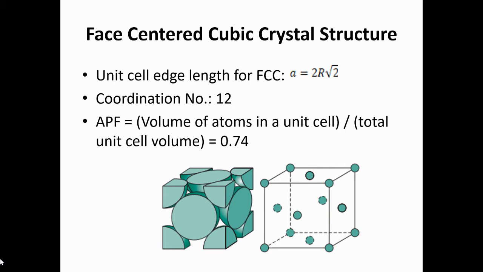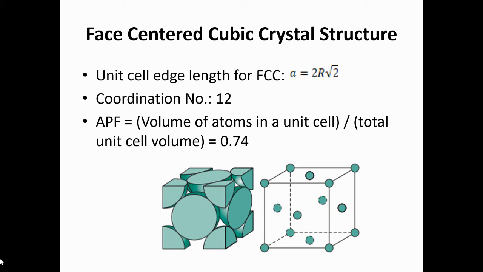In face-centered cubic, the coordination number is 12, because the front face atom has 4 corner nearest neighboring atoms surrounding it, 4 face atoms in contact from behind, and 4 other equivalent face atoms residing in the next unit cell to the front. So in total, the coordination number of FCC is 12.